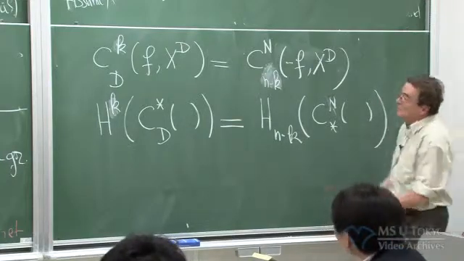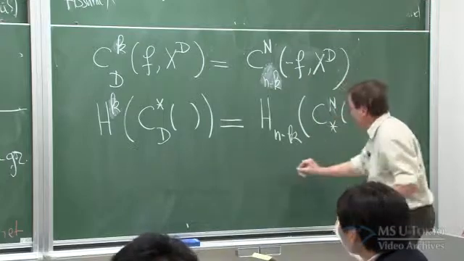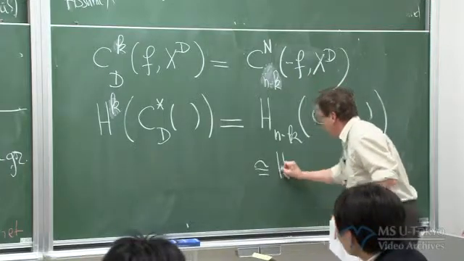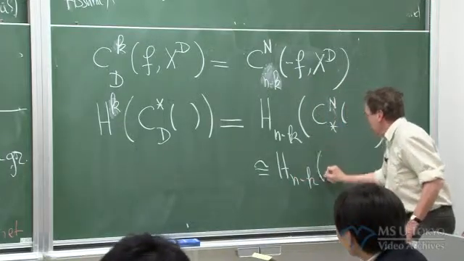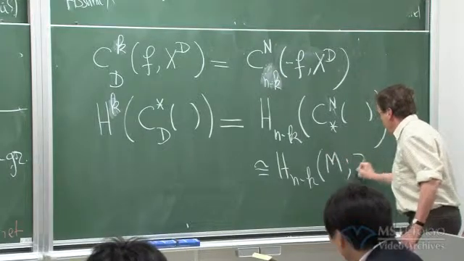And this one, by the first part of the theorem, is isomorphic to H_{n-k} of M with Z coefficients.